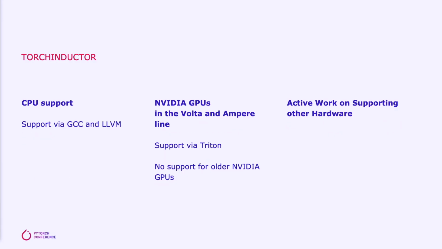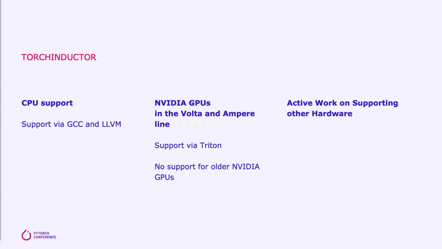It works on CPUs via GCC and LLVM, and for NVIDIA GPUs, it works with Triton as our backend. It doesn't work with anything except Volta and Ampere GPUs, so the older NVIDIA GPUs don't work. It also doesn't support other GPUs.